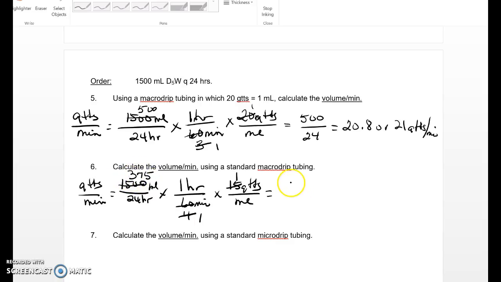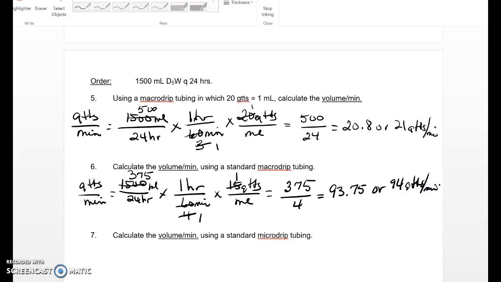So we end up with 375 divided by 4 equals 93.75 or 94 drops per minute.